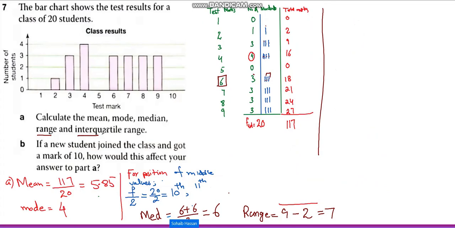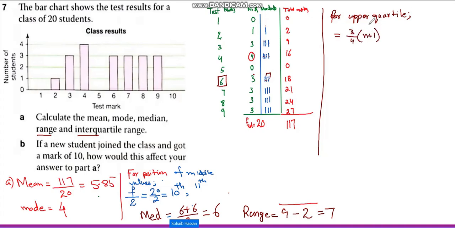And the next thing is the interquartile range. Interquartile range is the difference of the middle value of the upper half and lower half. So let's find the position of the middle value of the upper half and lower half. For that purpose, we need to find the upper quartile. For the position of the upper quartile, we will use this formula, that is 3/4 times n plus 1.